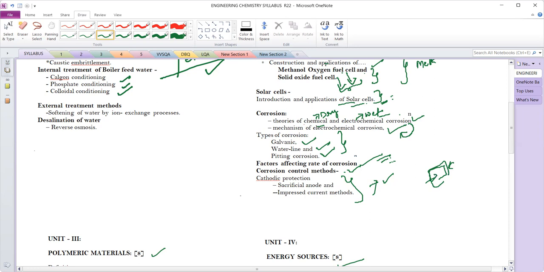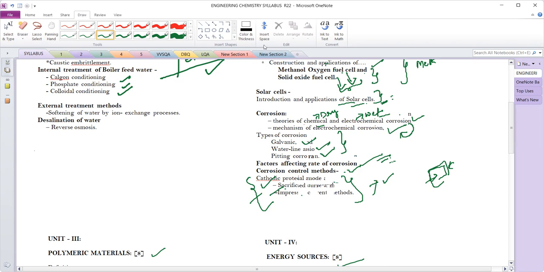But here there is only one method mentioned in your syllabus, that is cathodic protection. This cathodic protection consists of the sacrificial anode and the impressed current method. So this method is there in your syllabus.